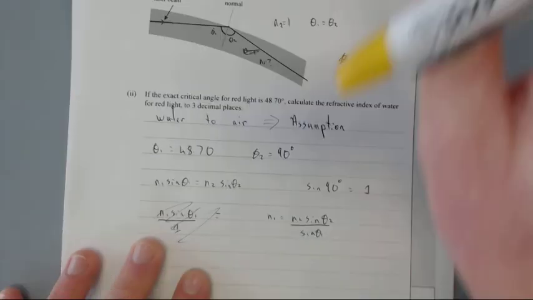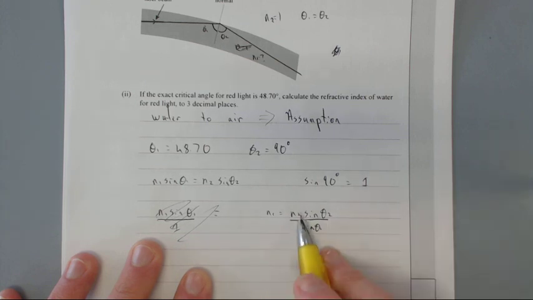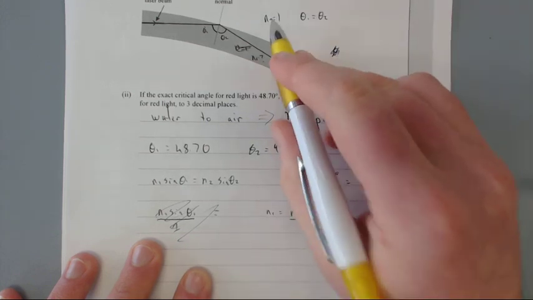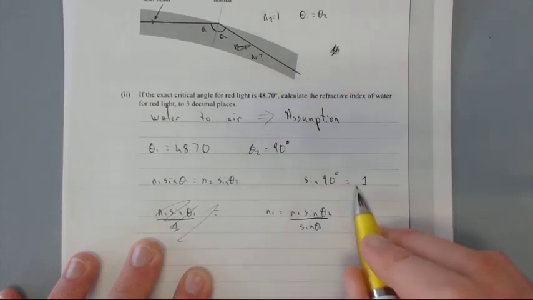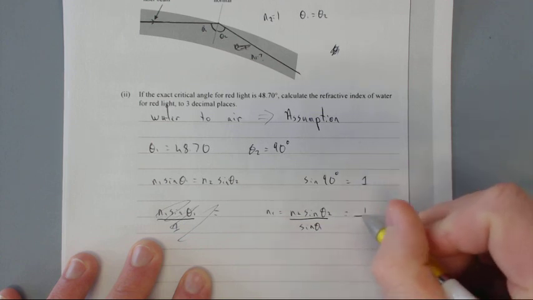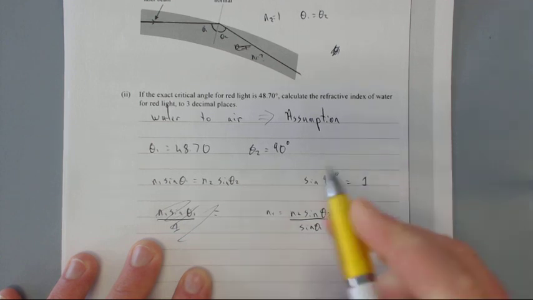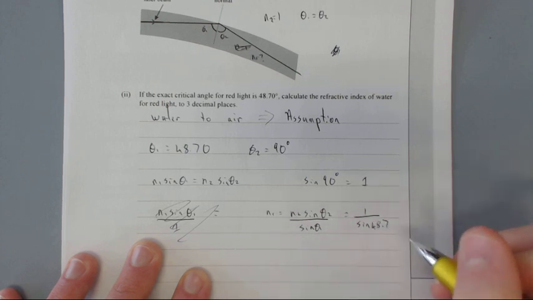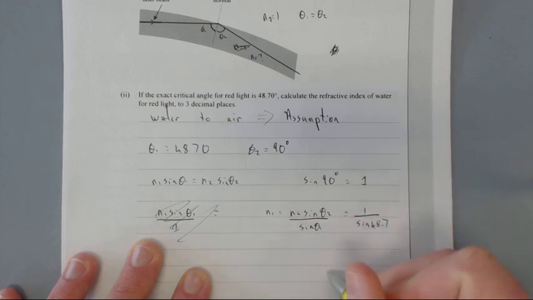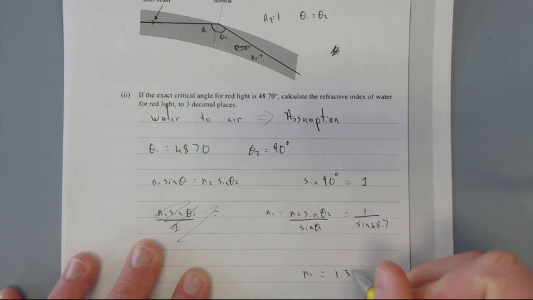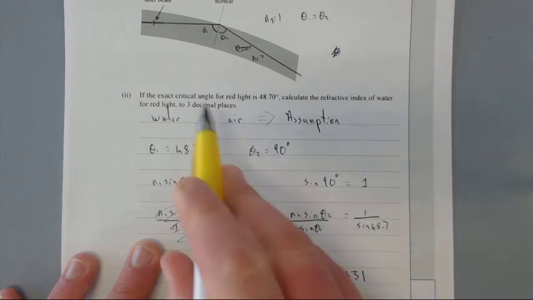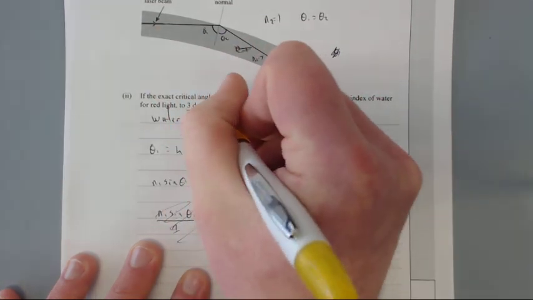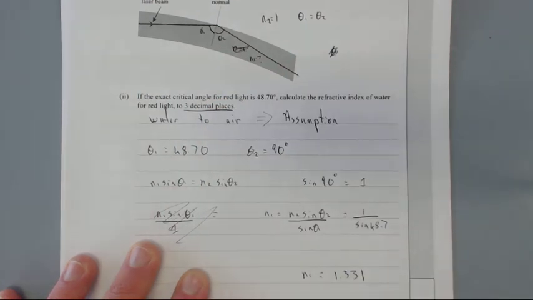Now N2 is 1, sine theta 2 is 1, so it equals 1 divided by sine of 48.7, and that gives me an answer of N1 equal to 1.331. So that's 3 decimal places, not 3 significant figures. And that's it.